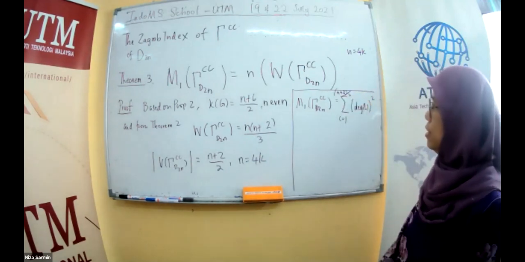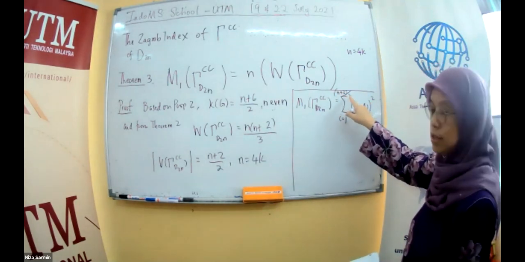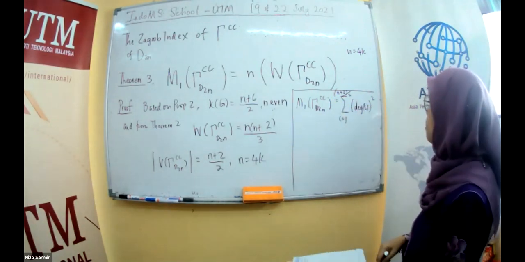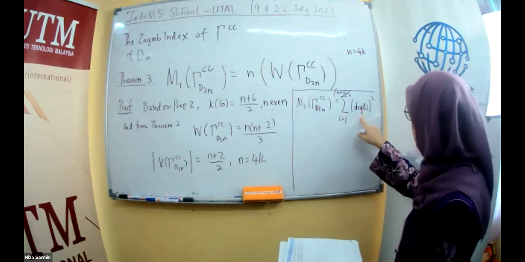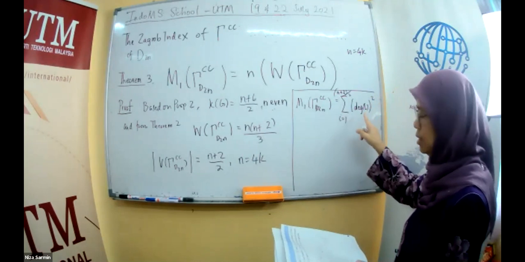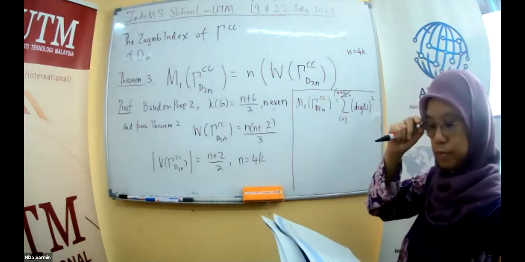And n is even, so this is an integer, you can divide by 2. So this is the degree squared of 1, degree squared of 2, until degree squared of (n+2)/2.